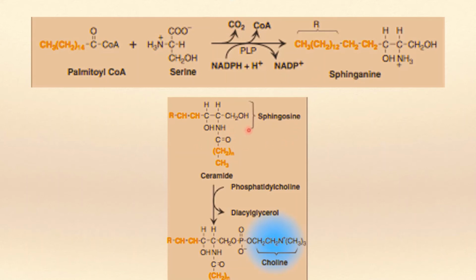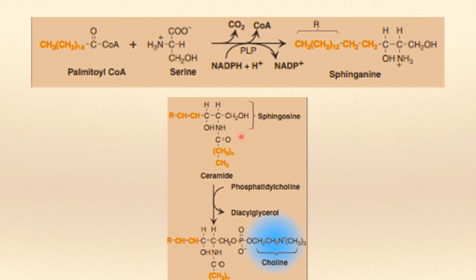Now this sphingosine subsequently combines with a fatty acid. These fatty acids, predominantly C24, carbon 24 fatty acids, are utilized by combining with this sphingosine amino alcohol through an amide linkage.